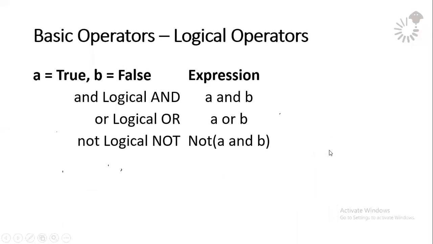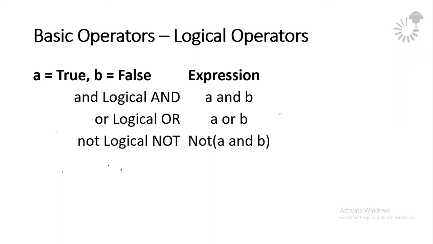We have basic operators, logical operators. Logical operators, we have and, or, and not. So, logical and, we compare two values. Pag we use logical operators to compare true or false, or 1 or 0. Okay?